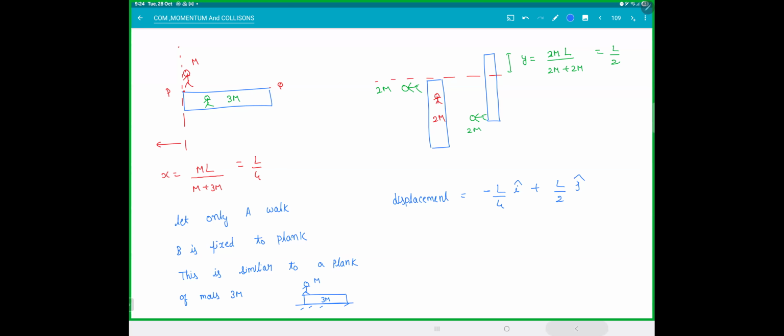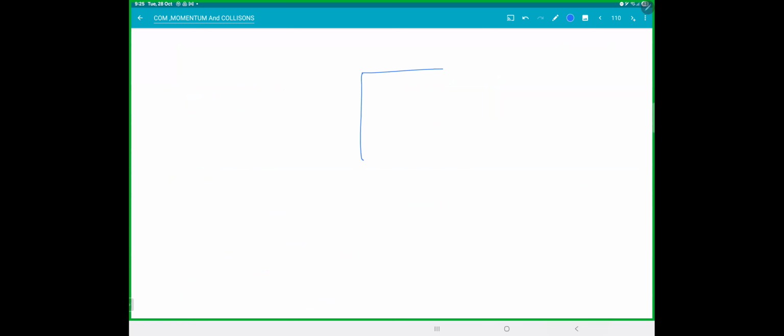Now, if someone really wants to harass you, they will do something like this. We have 4 people, m, 2m, 3m, and 4m. So m will go to 2m's position, 2m will go to 3m's position, 3m will go to 4m's position, 4m will go to m's position. Then I can ask you to find the displacement of the plank.